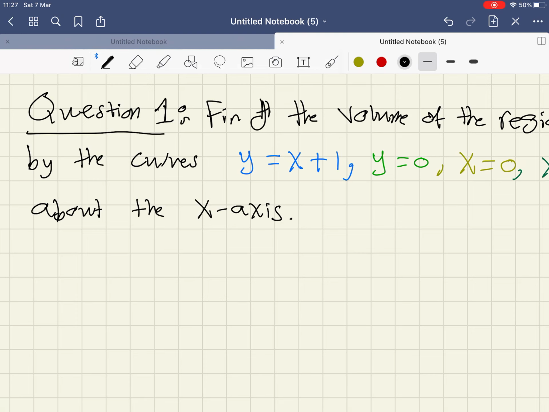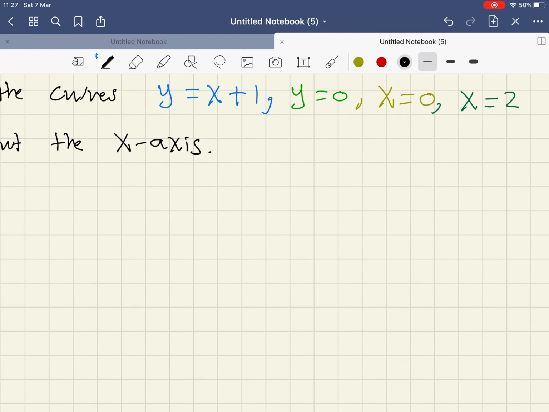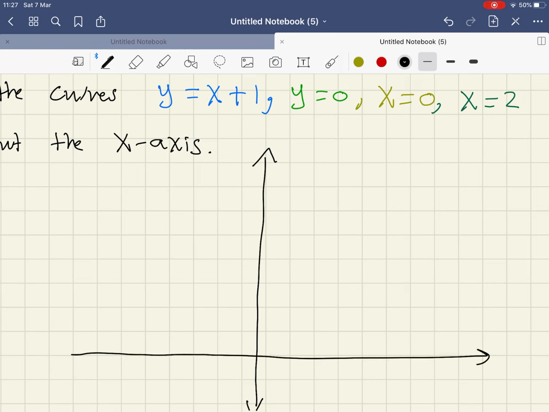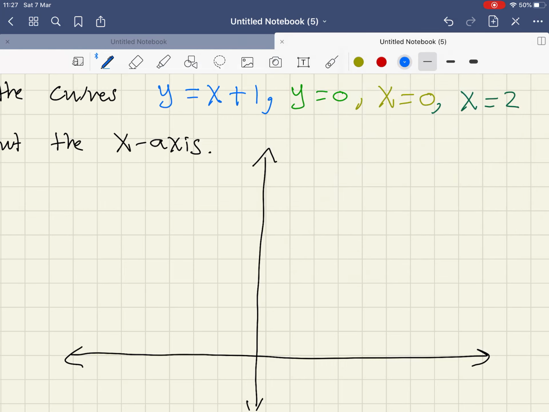Now, before we start doing anything, let's sketch my region. Let's see what my region is, and then we can think about what we should do next. First of all, y equal x plus 1, the blue one, is just a line. If we substitute 0, we will get this point. If we substitute 1, we will get another point, which is maybe this one.